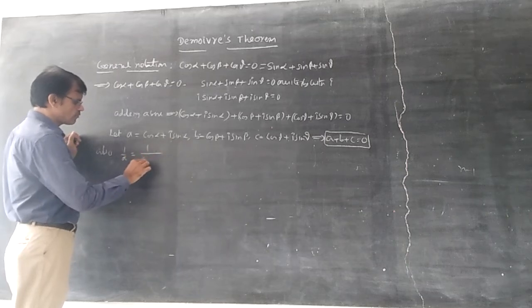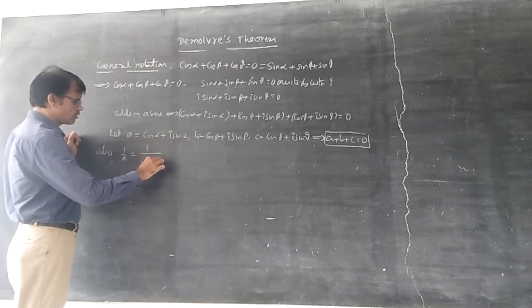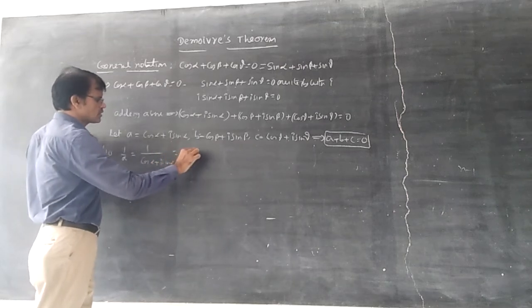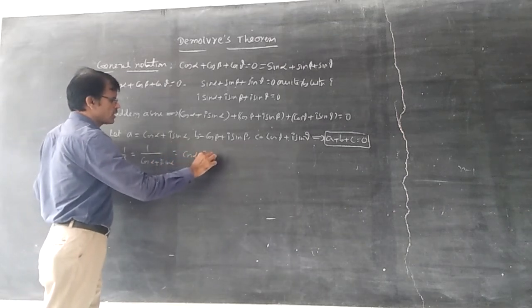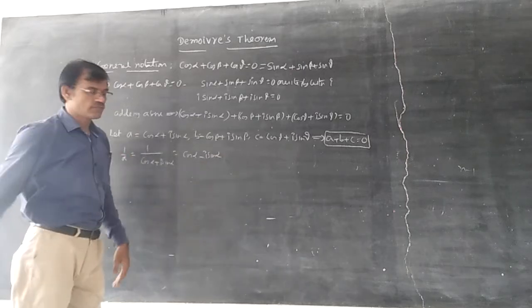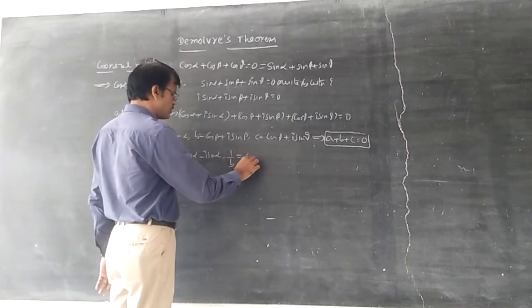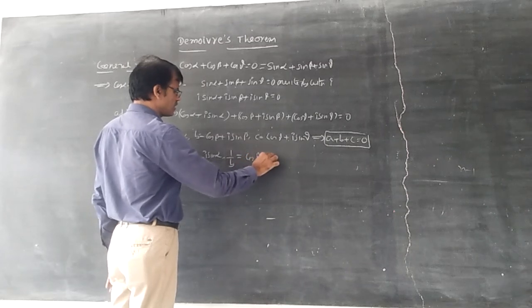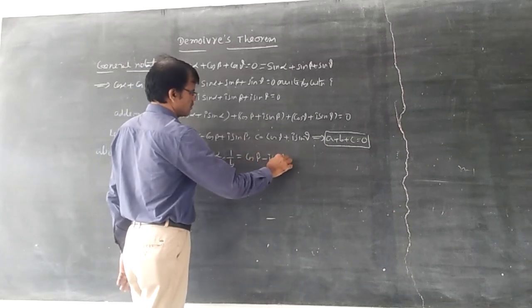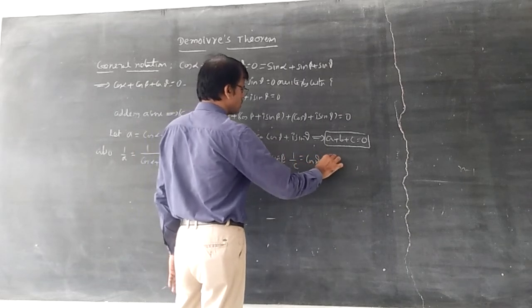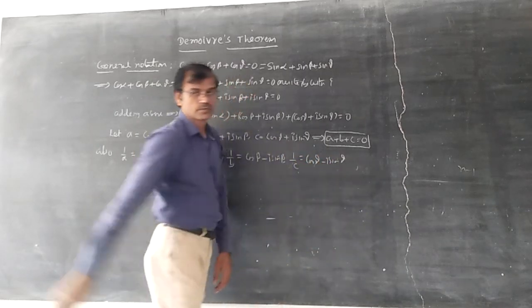1 by cos alpha plus i sin alpha. I said that 1 by cis alpha is equal to cis of minus alpha, so it is cos alpha minus i sin alpha. In a similar way, 1 by b is equal to cos beta minus i sin beta, and 1 by c is equal to cos gamma minus i sin gamma.